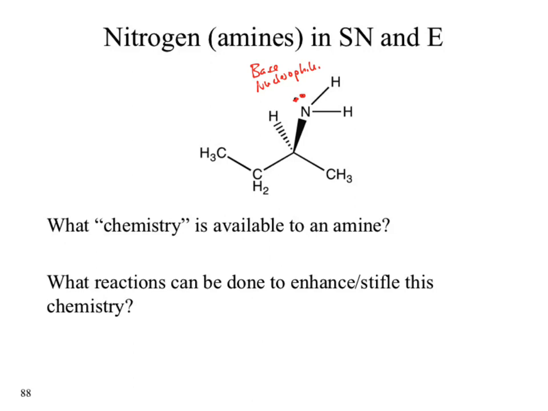For that same reason, the carbon is also not particularly electrophilic. But if I can tweak the nitrogen, if I can change it to be a better leaving group, I can make that carbon electrophilic. Does that make sense? So what we're doing is we look at our structure, evaluate the chemistry, and try to enhance or move it forward.